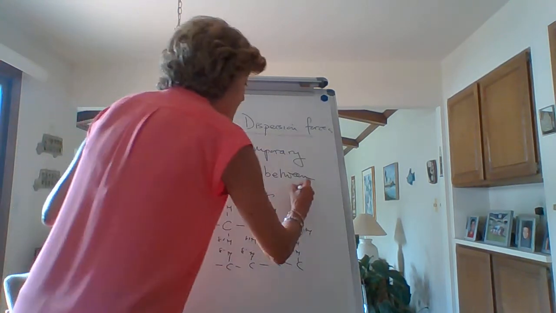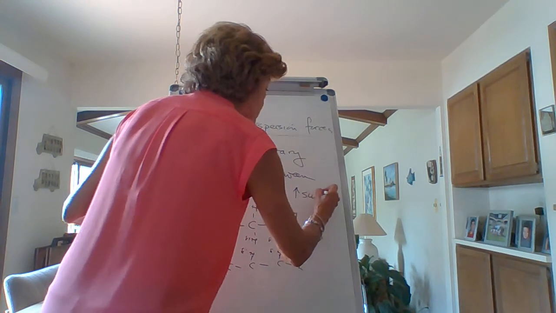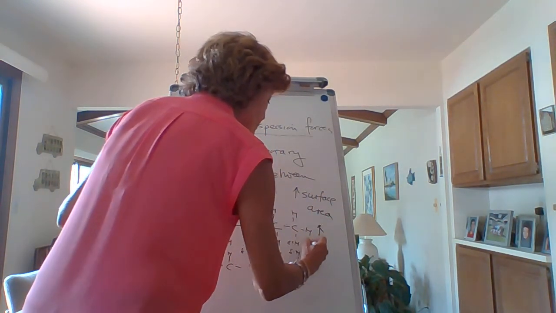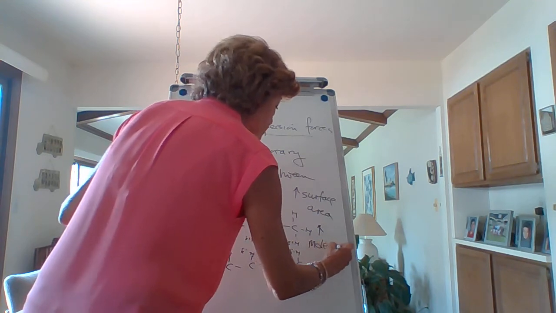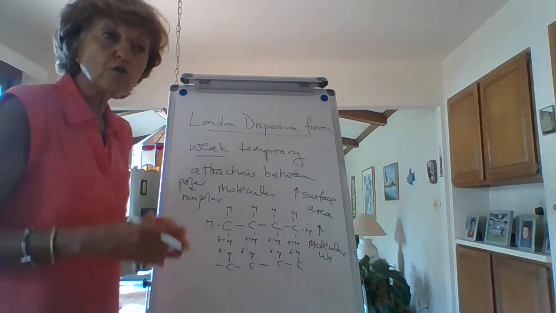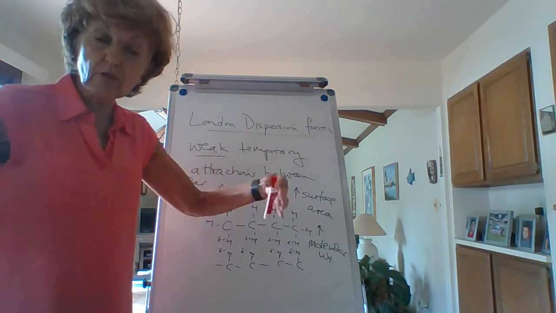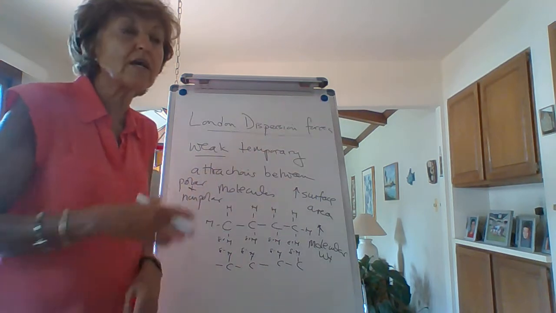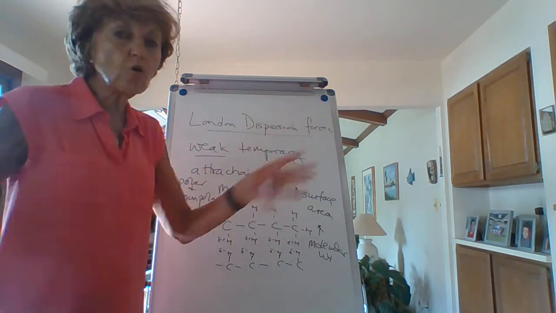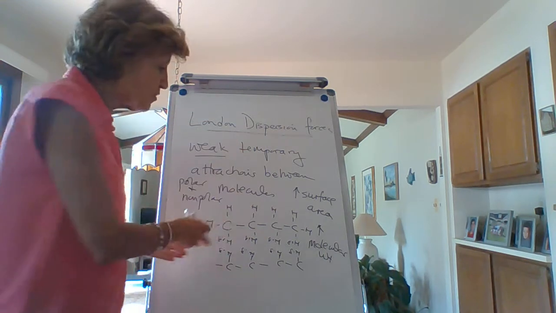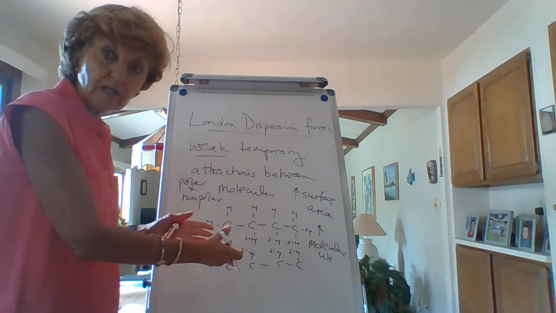The more the molecular weight, the larger the surface area, the more significant these London forces are. So if you have a big long molecule with lots and lots of carbons, let's say you have a big oil with a whole bunch of carbons, those are going to be attracted to each other more than a smaller surface area.